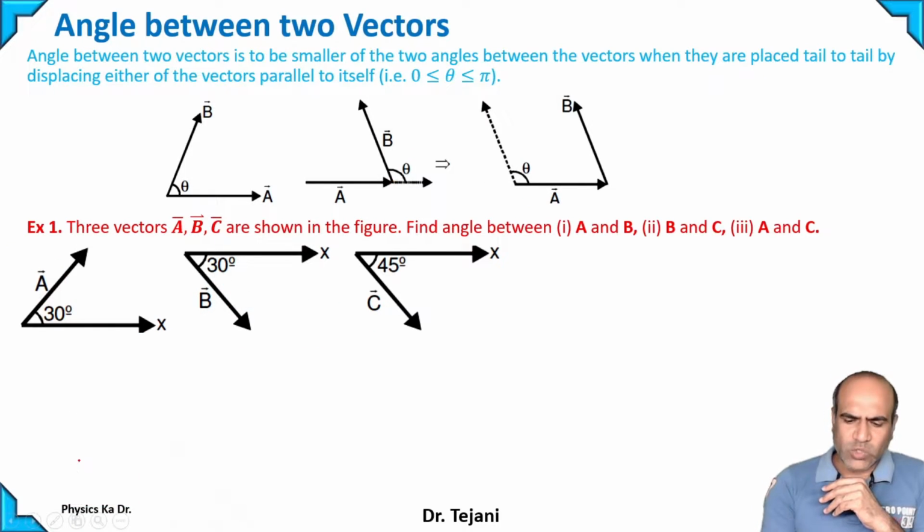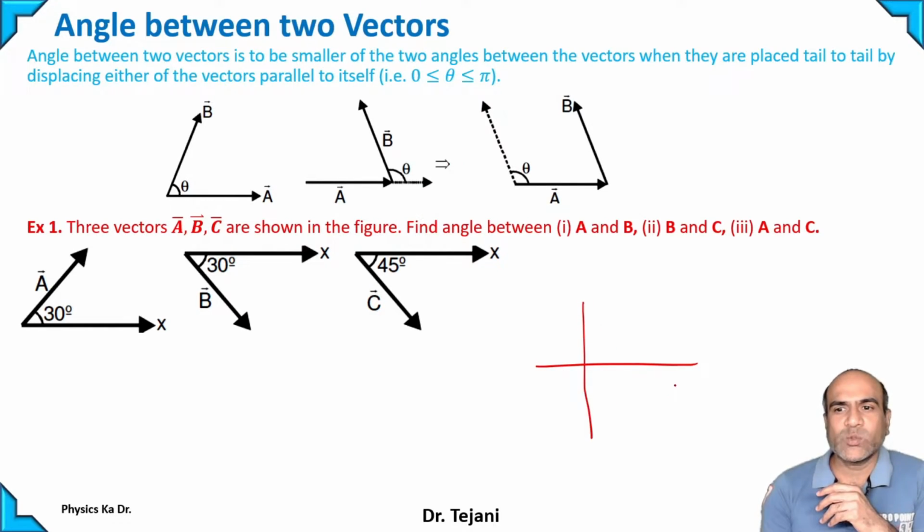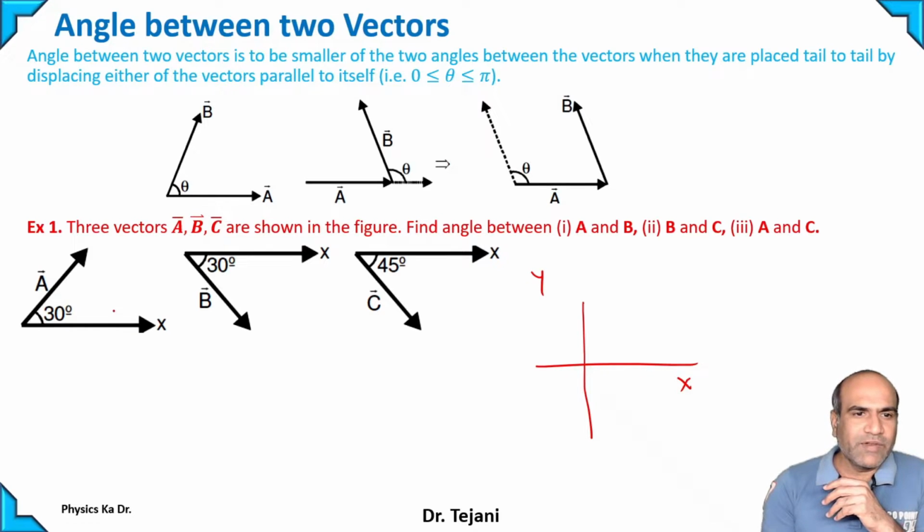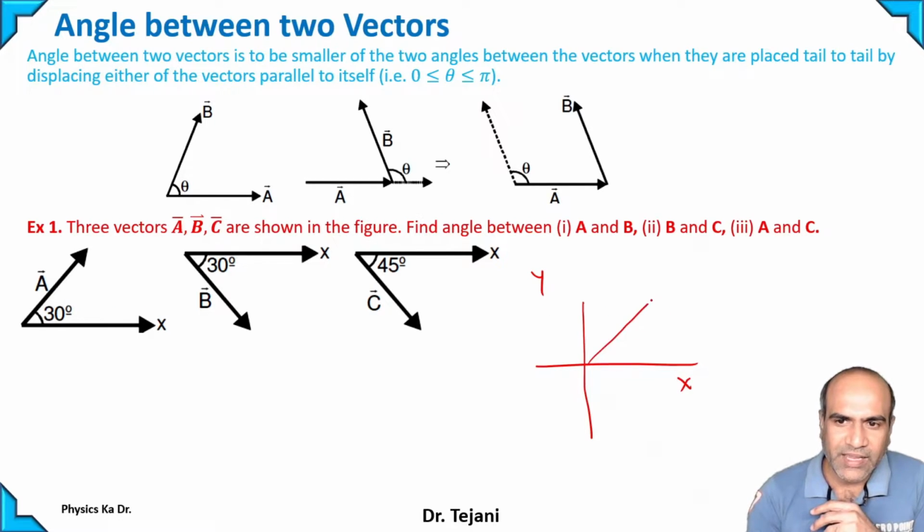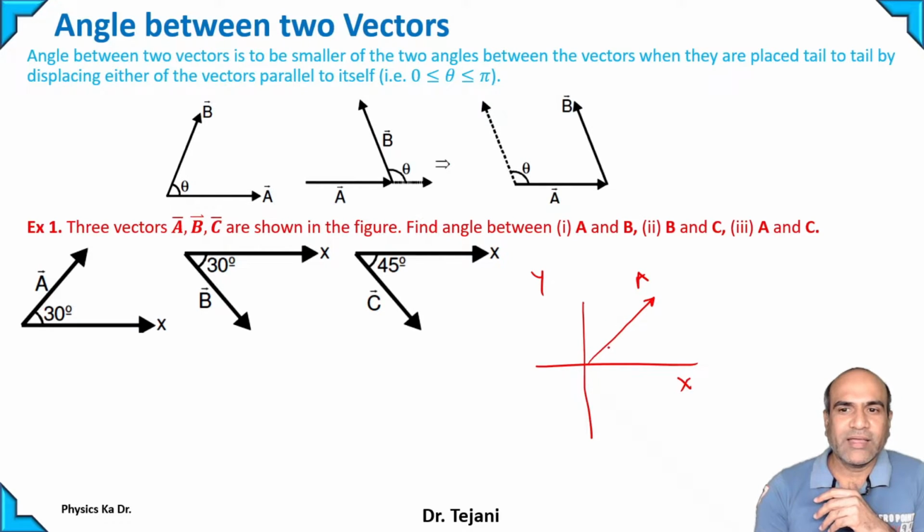So we already studied the rules. What we need to do? First we need the reference x, y axes. Then we need to put this A bar with its magnitude and the same angle, 30.